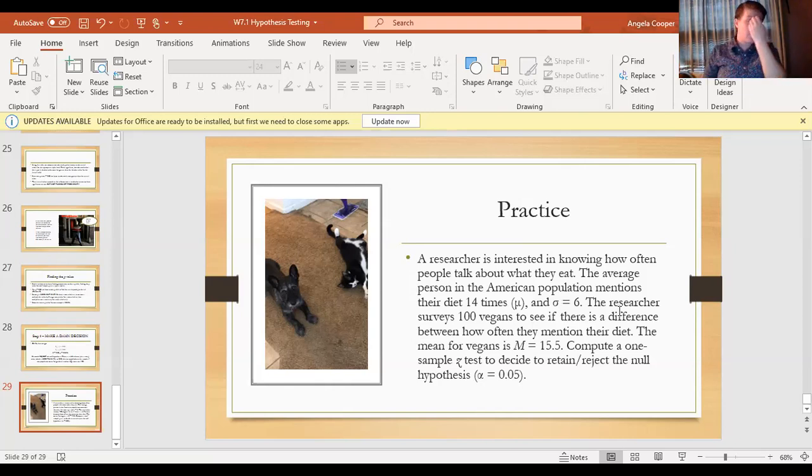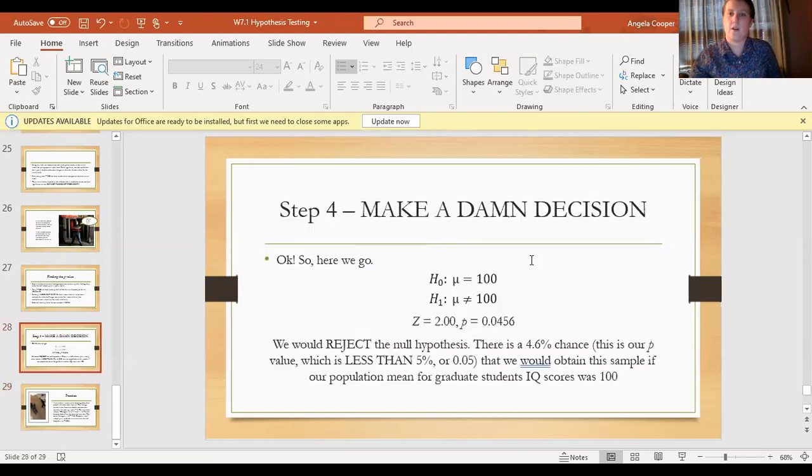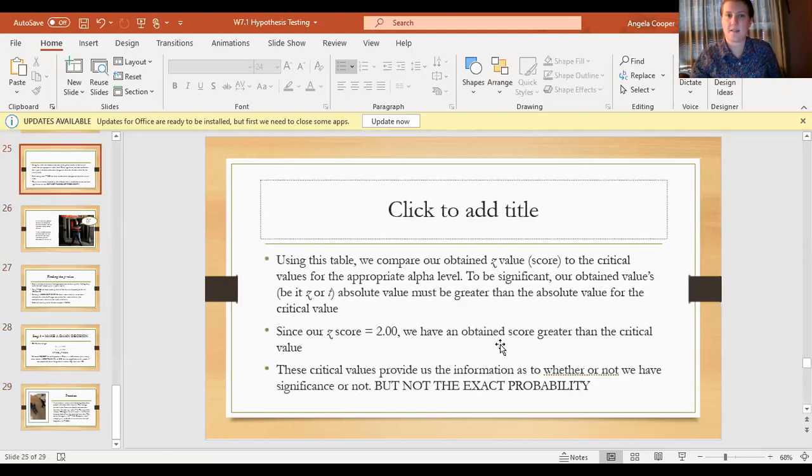Okay, so we have our alternative and null hypotheses. Null is saying it is equal to 14. Alternative is saying it does not equal 14. Okay. Step 2, setting the criteria for the decision. So we have our alpha set at 0.05. Now, we know that the p-value has to be less than 0.05 to be significant. Or if we want to use the critical values, we know we have a two-tailed test.